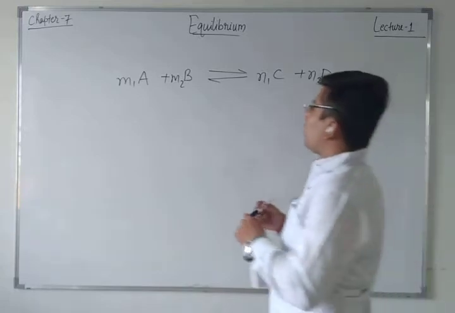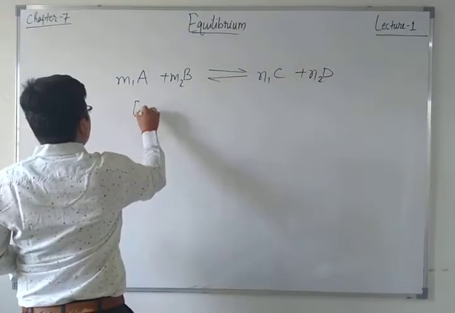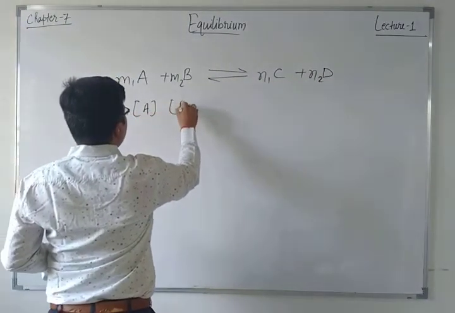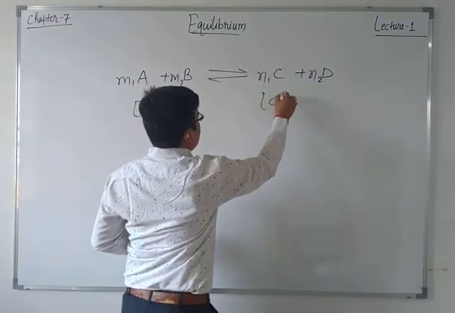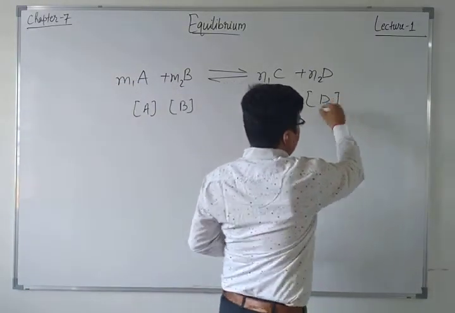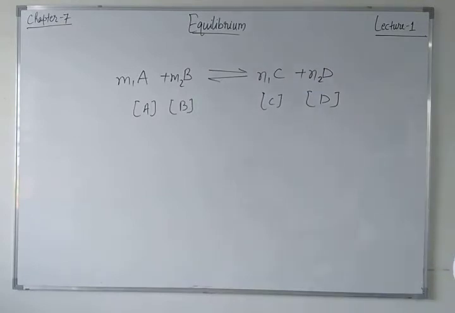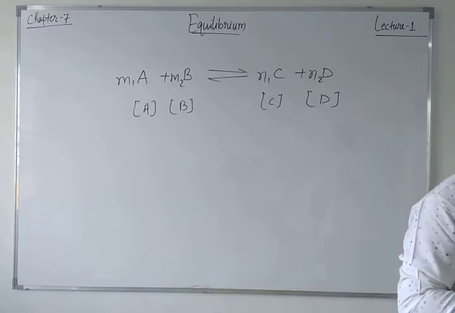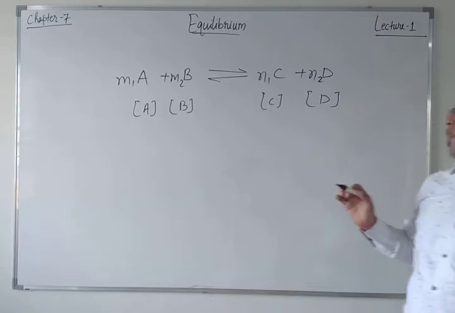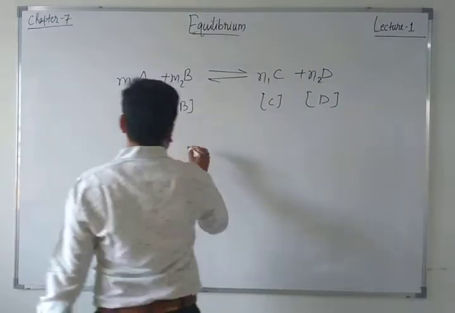The active mass will be the concentration of A, concentration of B, concentration of C and concentration of D. Now, according to the mass action, the rate of the forward direction is directly proportional to the concentration.